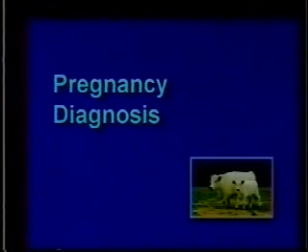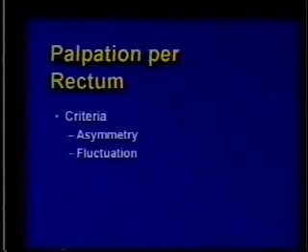Well, let's assume we have inseminated the cow successfully, but we need to prove that indeed she conceived, and if not, we need to give her another opportunity to. The most common method of pregnancy diagnosis is per rectum, palpating the uterus directly, and the early signs are those of asymmetry and of fluctuation, the presence of fluid.